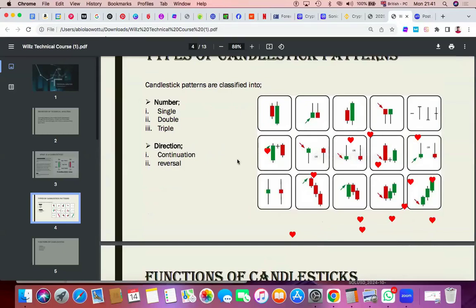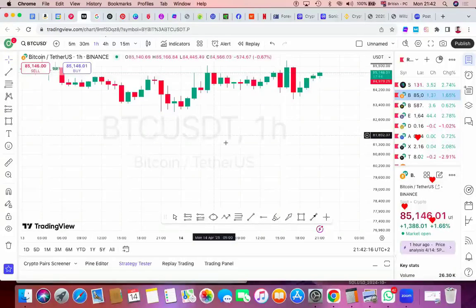There are patterns in which you will see in your chart that these candles will perform, and you would know the directions that the market is about to make. Then we'll break this down, but I would also like to show you from our chart.